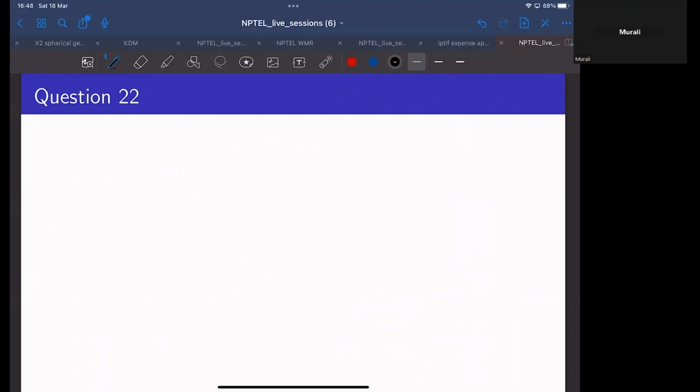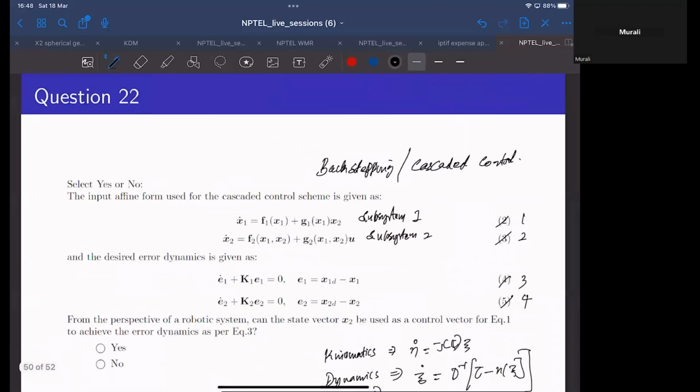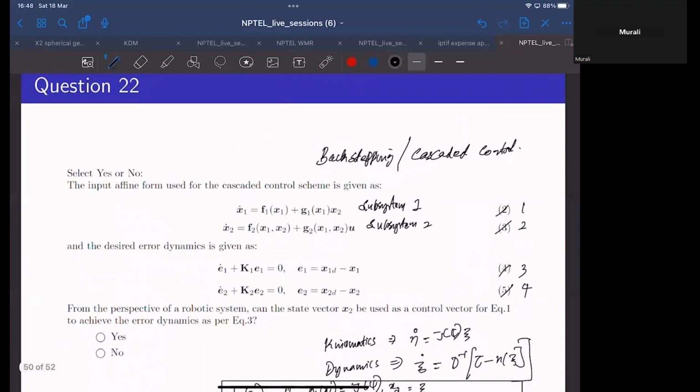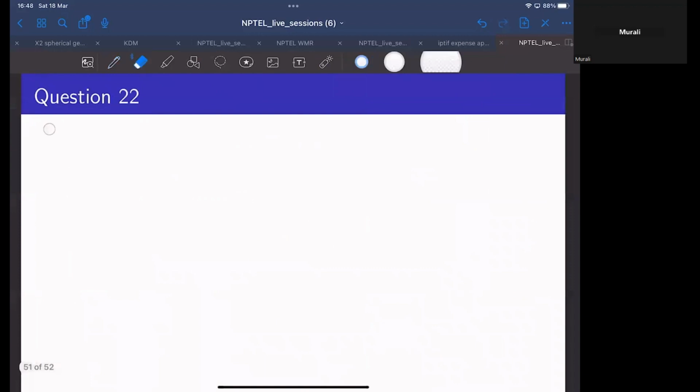Well, we'll see it one by one. So what does this control law state? The first error dynamics states that E1 dot plus K1 E1 is 0, where E1 is the difference between x1 desired minus x1.